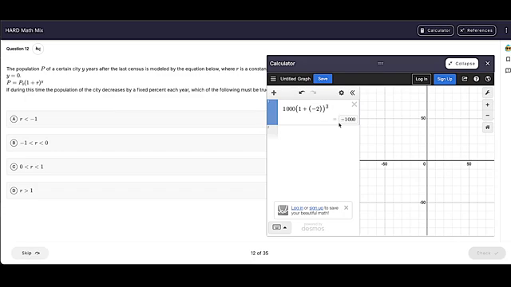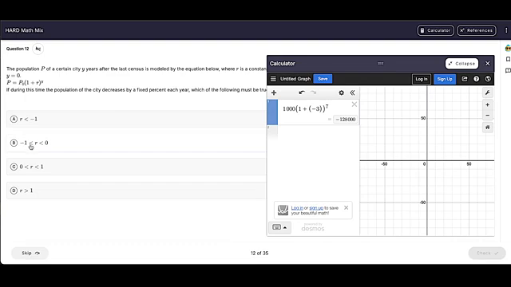Well, it looks like we have a negative population. After 4 years, we have a positive population. After 5 years, we have a negative population. So you see how weird things can happen because we're going to be going back and forth between negative and positive. So that's super weird.